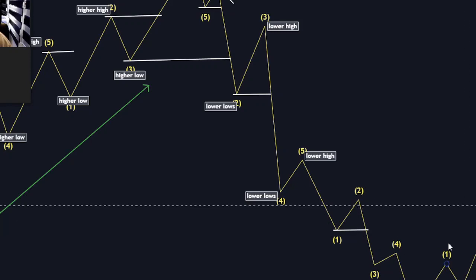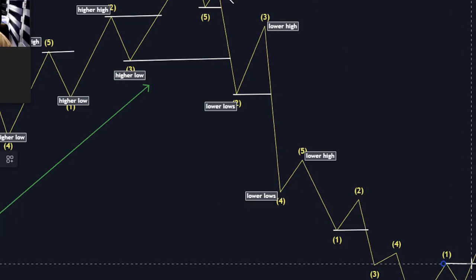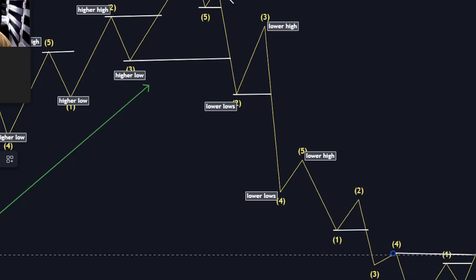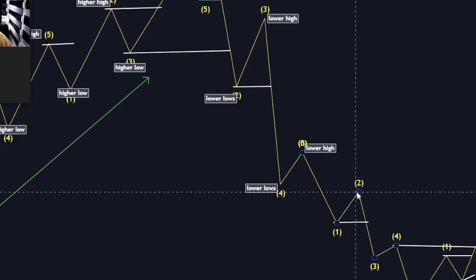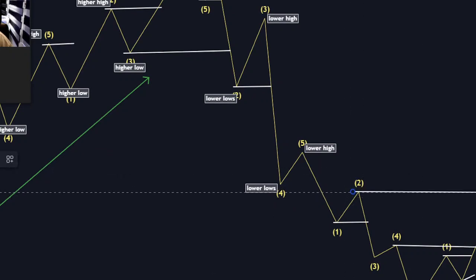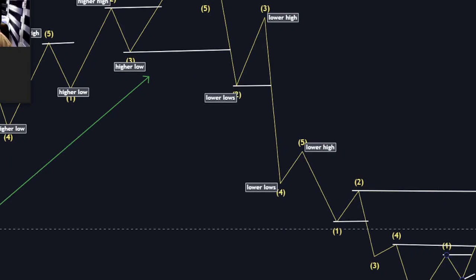When it went up, it broke this one, this one. It didn't break this one. Are you sure it didn't break it? No, it didn't break it. It stopped here, then came down.